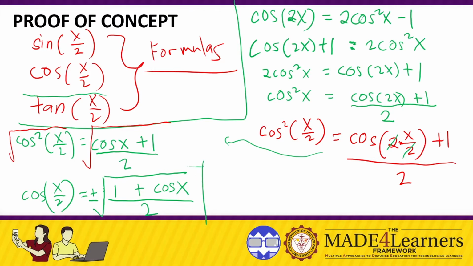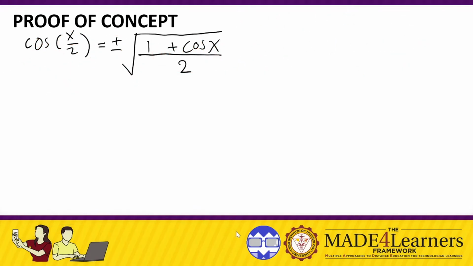So we have our first formula: for cos x over 2, we have the square root of 1 plus cos x over 2. We're done with cos of x over 2.